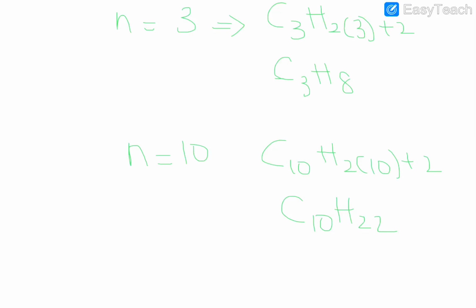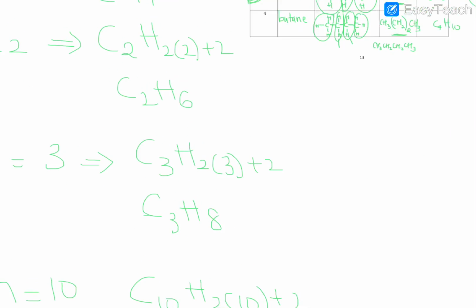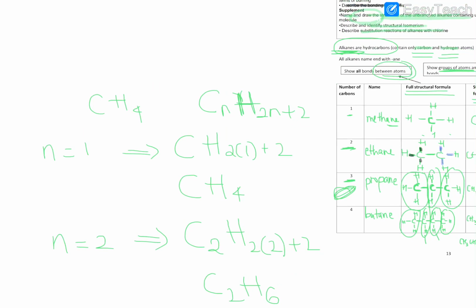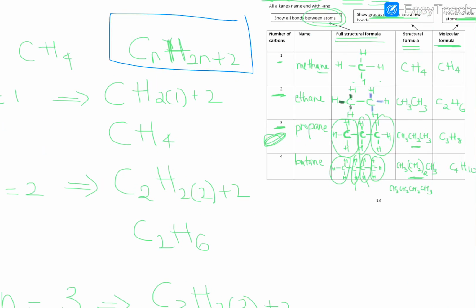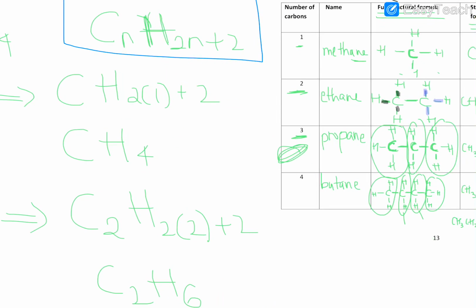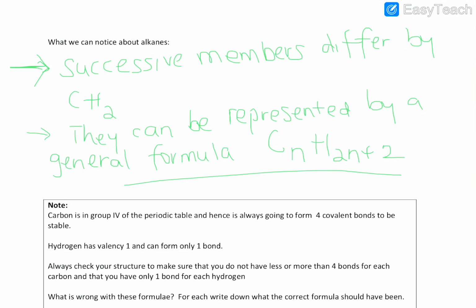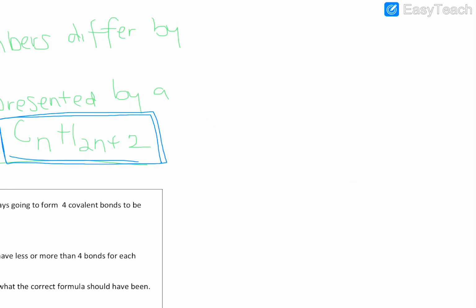C10H22. So no need to go and draw 10 carbons to find how many hydrogen will fit in. The general formula will tell you how many hydrogen will fit in the formula. Okay, so you see, the general formula can be used to predict the formula of any member of the homologous series. So they can be represented by the general formula. You have to know this. Very important. So for alkanes, that's for alkanes.